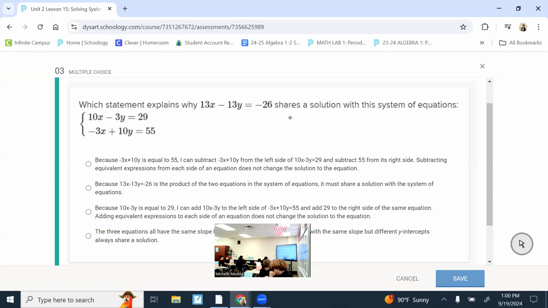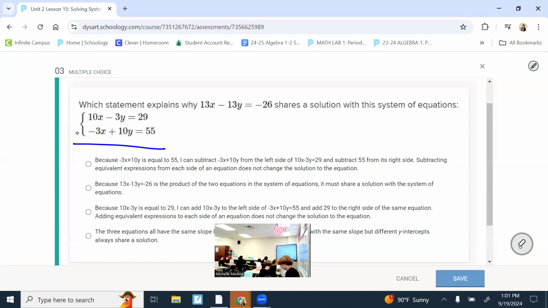So if I were to add or subtract and make a new equation, that's still having the same solution as the ones in my system. So try to see what math I would need to do, adding or subtracting, to get a 13x minus a 13y.